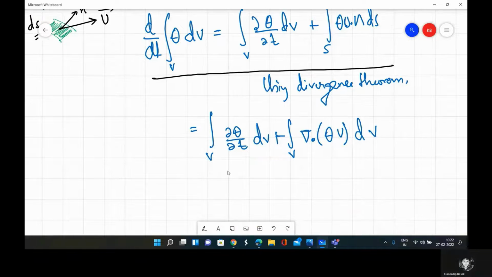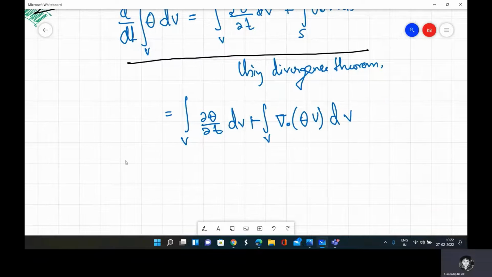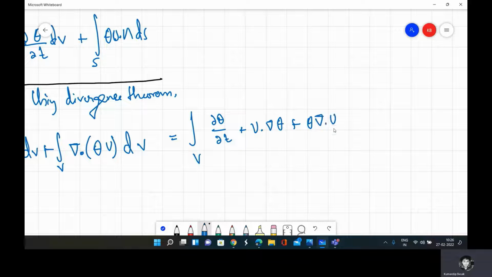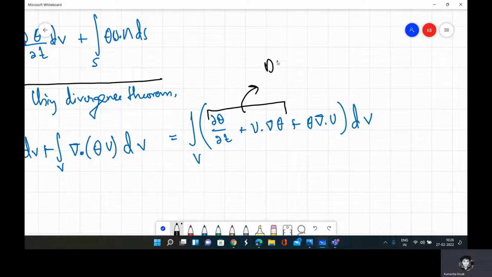So from this expression, using the chain rule, we can simply write the integral over v of del theta by del t plus u dot grad theta plus theta grad dot u, dv. Fine. Now you can understand that the first terms together are nothing but the material derivative of theta.